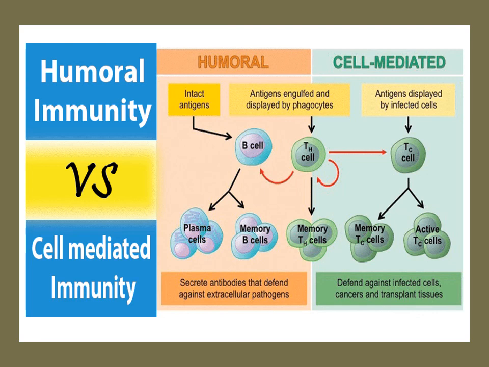Of course, the antigen is engulfed by, say, a macrophage. We're looking at the middle here, and that gets introduced to the T helper cell, the TH cell in this slide, and the TH cell can communicate with the B cell and communicates with the cytotoxic T cell.